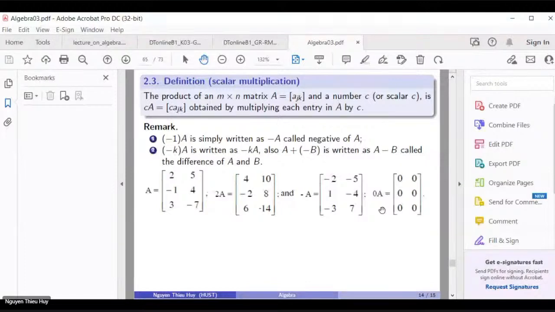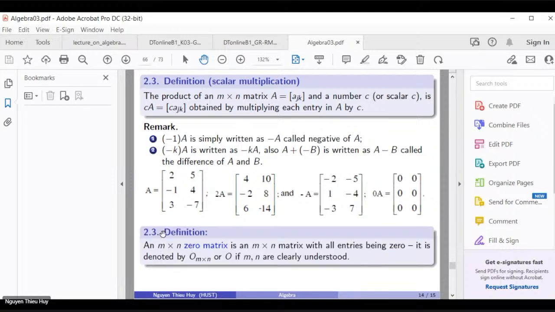And therefore this is a very special matrix, you know? All of the entries are 0 and it deserves a name, and the name is the 0 matrix. Now, this is the definition of the 0 matrix. An m by n 0 matrix is an m by n matrix with all entries being 0, and we denote the m by n 0 matrix by 0 m by n, or by 0 if m and n are clearly understood, right?